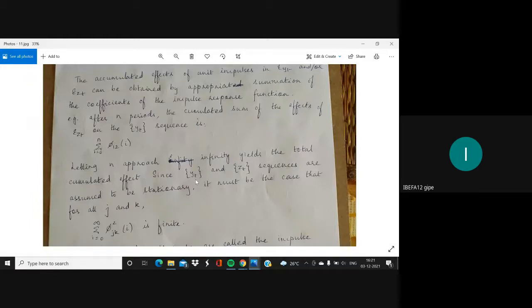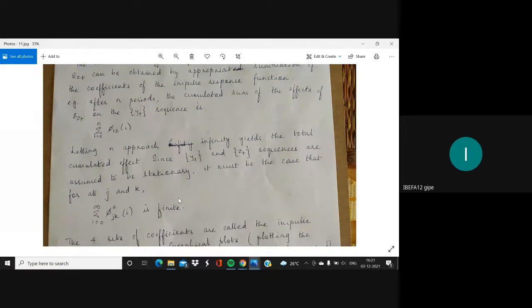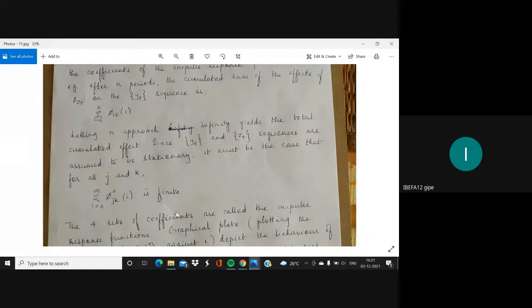Now, this is what I think Govind was mentioning. Since yt and zt sequences are assumed to be stationary, it must be the case that for all j and k, the sum of phi jk square is finite. So if you find the cumulated sum of the impulse responses and square them, you will find that the sum is finite.